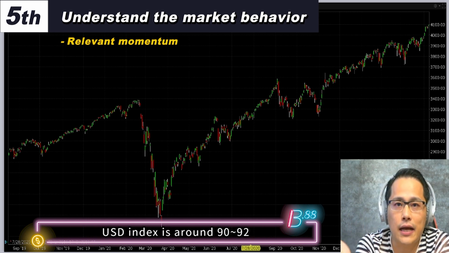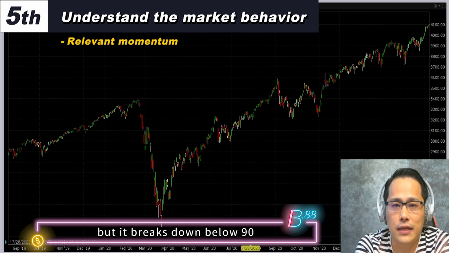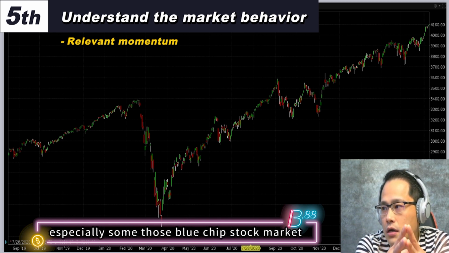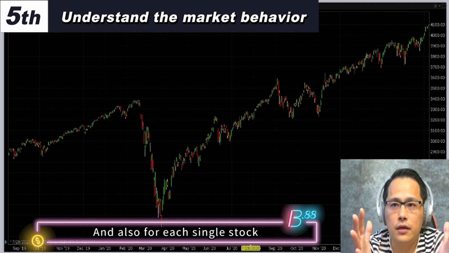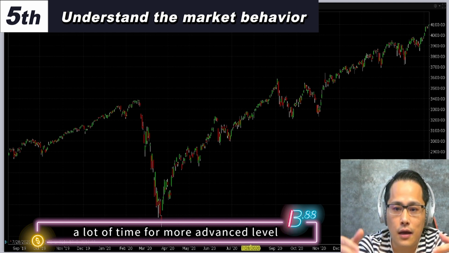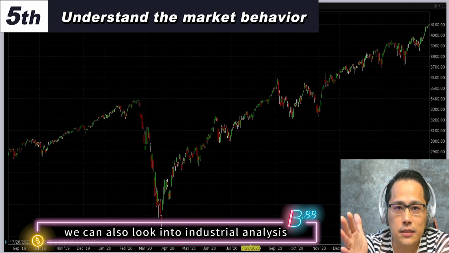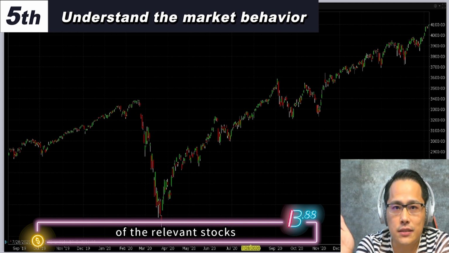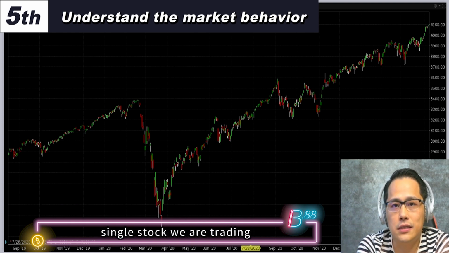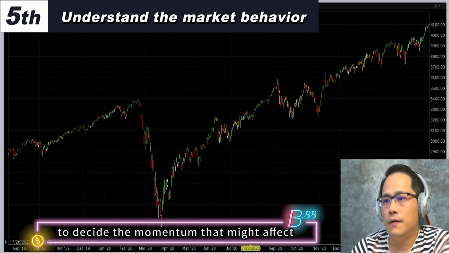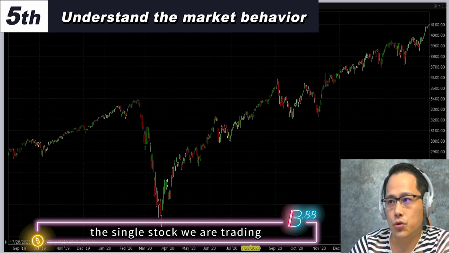If the US dollar index is around 90 to 92, but breaks below 90 and goes all the way down, that will affect the US stock market a lot, especially blue chip stocks. And for more advanced levels, for each single stock, we can look into industry analysis of the relevant companies to decide the momentum that might affect the stock we are trading.